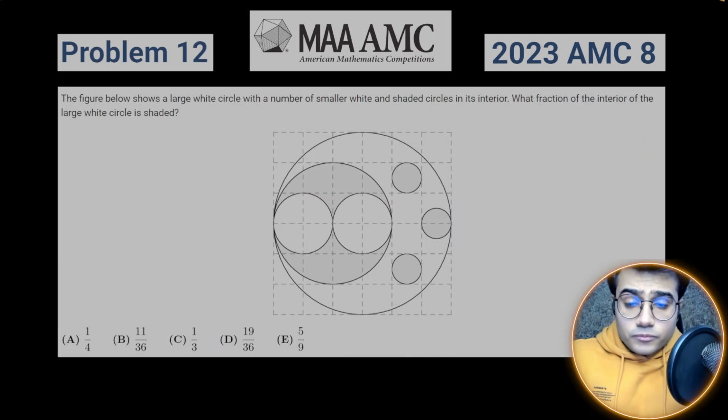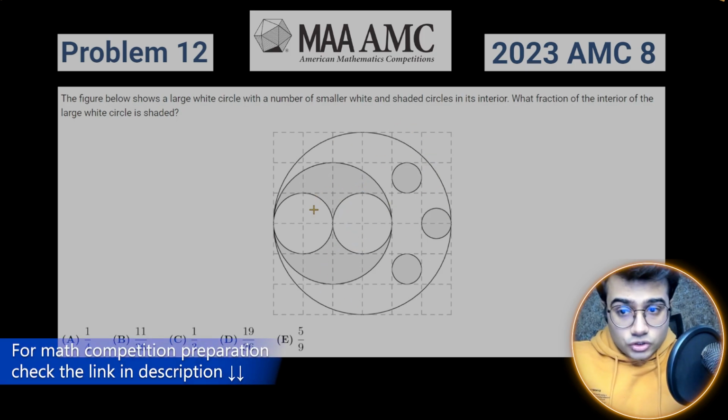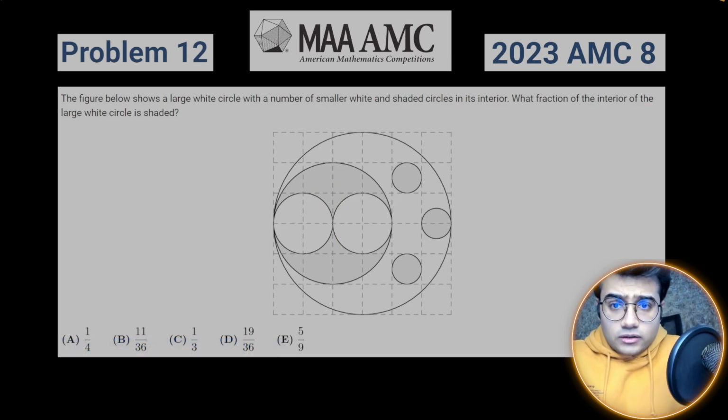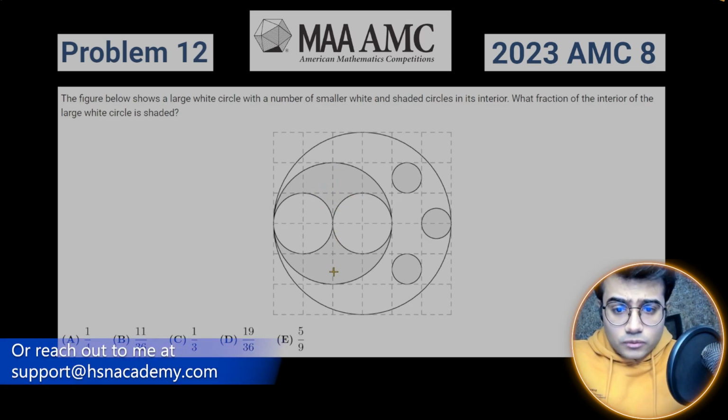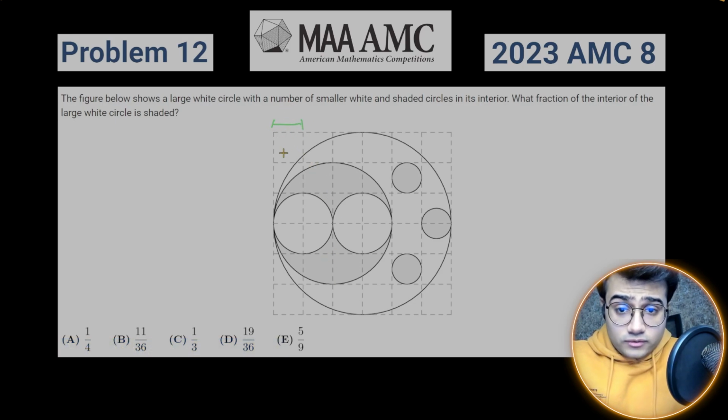Okay, so in this problem they want us to find the area of this shaded region as a fraction of the area of the large white circle. So let's first of all find these shaded areas. The simplest way to find this area, well, again, let's assume that this one box is 1 unit long. That's, again, going to make our calculations very simple.